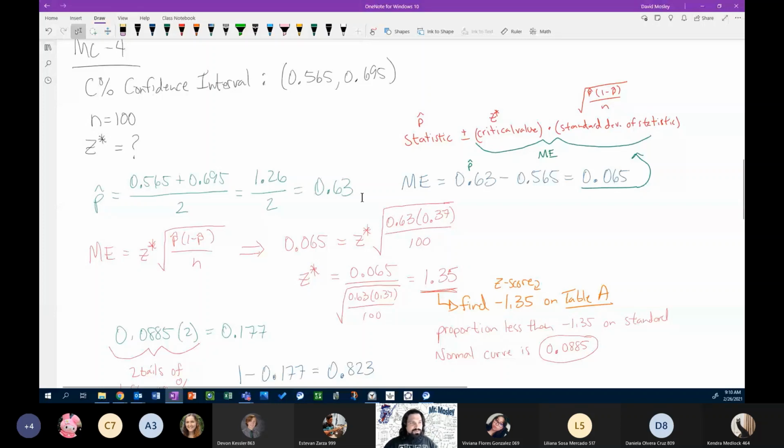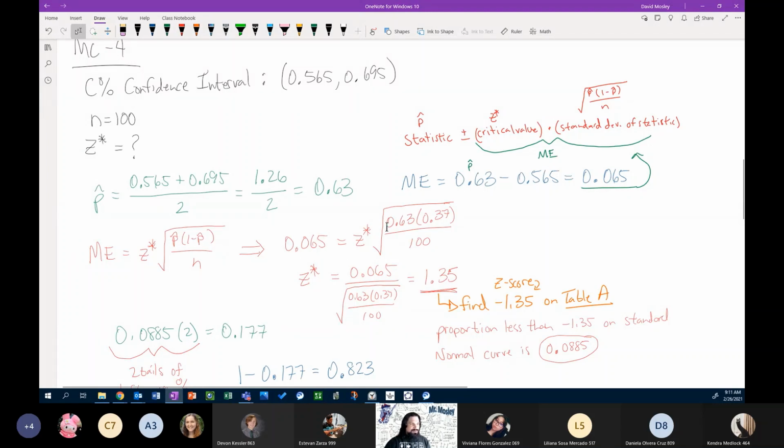I can calculate the margin of error by subtracting the lower endpoint, 0.565, from p hat, and that gets me 0.065. Now that I know the margin of error, I can calculate the critical value, using the formula margin of error equals critical value times standard error.